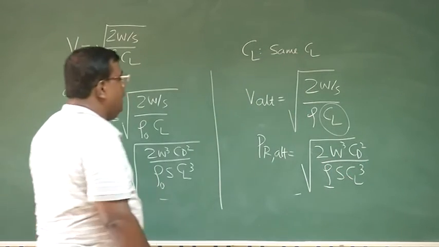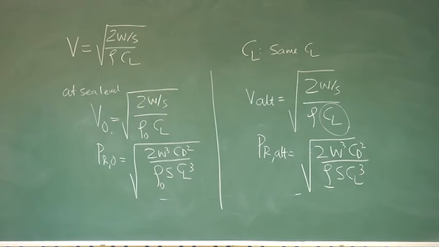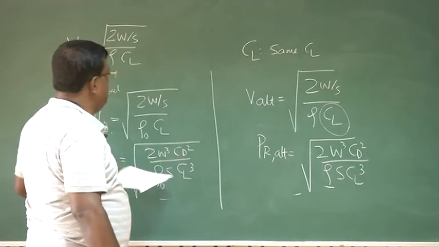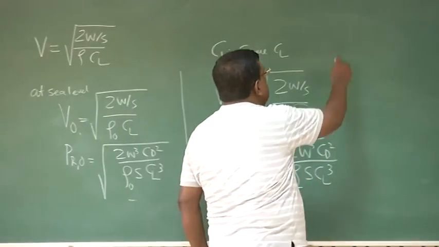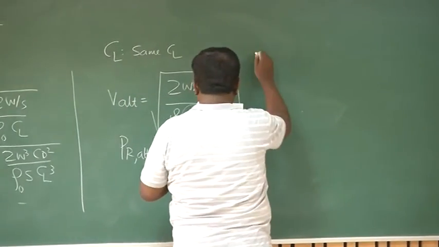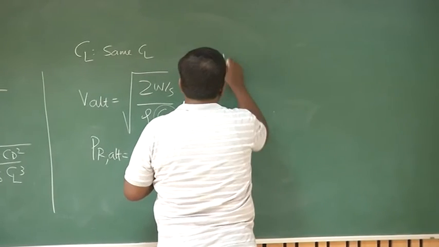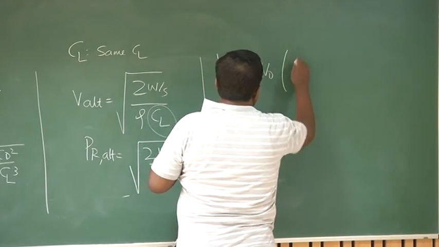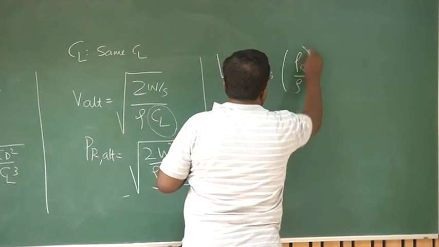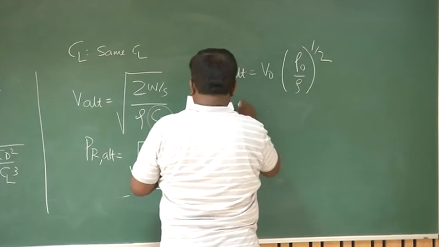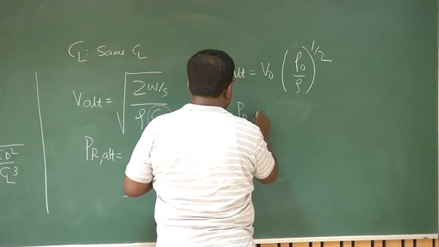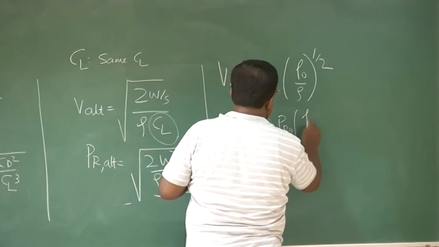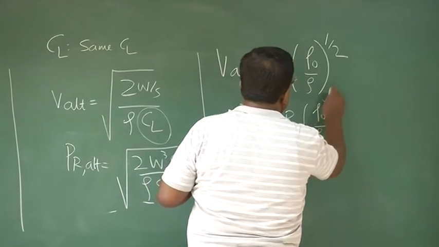Again note that it is rho, not rho naught. So using these two equations, I can write in a combined way V at altitude equal to V naught into rho naught by rho to the power half, and power required at altitude is equal to PR naught into rho naught by rho to the power half.